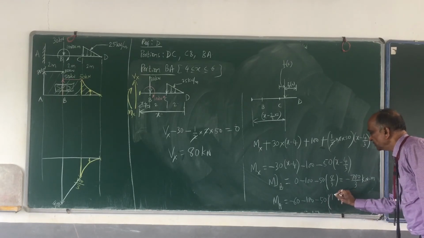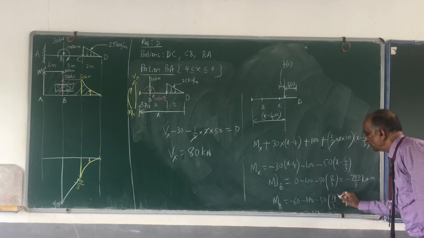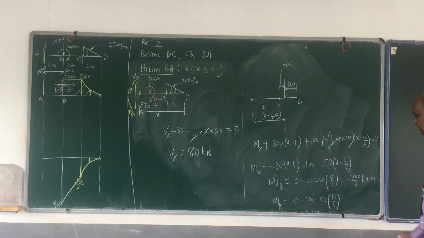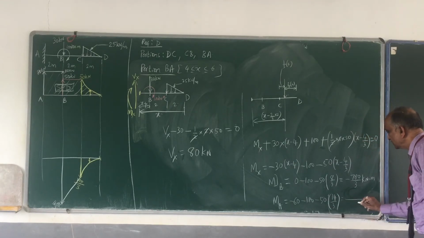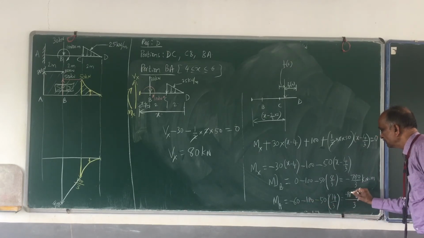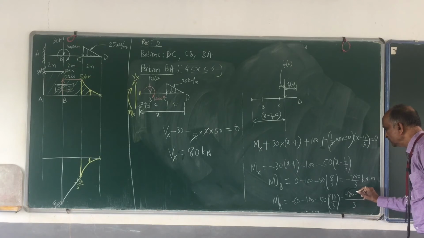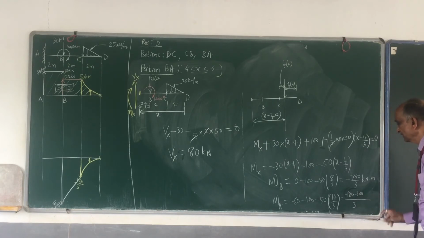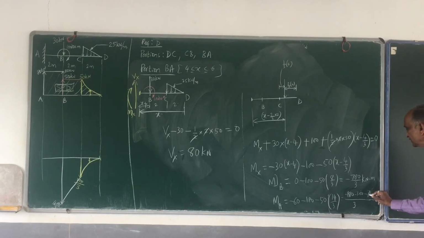On simplification, this is minus 180, so this is minus 300, and then 14 into 50 is 700. 700, 300, 1000.